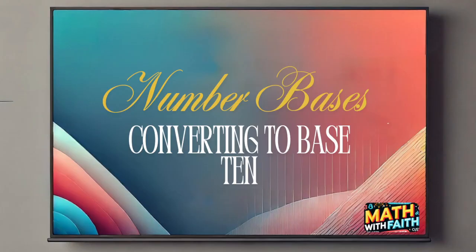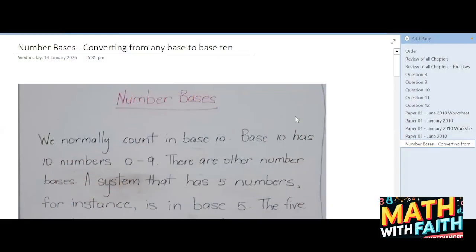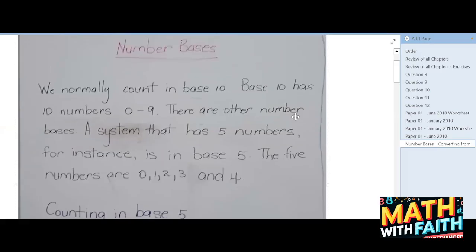Today we are going to start our discussion on number bases, and we're looking at converting any number in any other base to base 10, which is what we count in, right? So number bases refer to how many numbers we have in a particular system of counting.